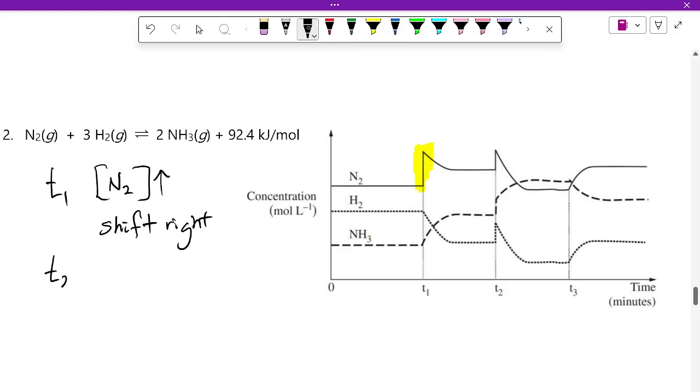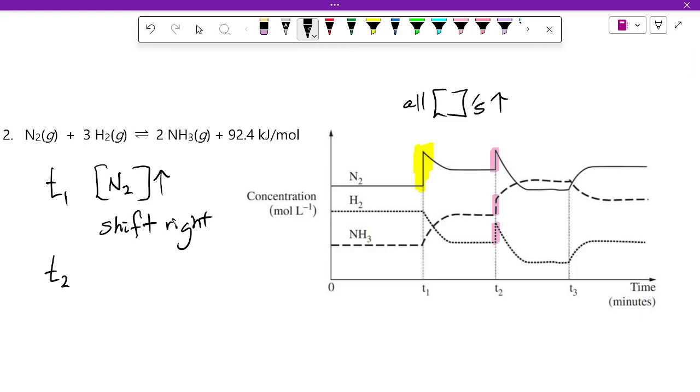At time 2, the stress was, oh, look, we have a spike, but not just one spike. There's 1 spike, 2 spike, 3 spikes. When everything spikes, what does that tell you? That is a change in pressure, volume. And if all the concentrations increased, did we make the volume bigger or smaller?